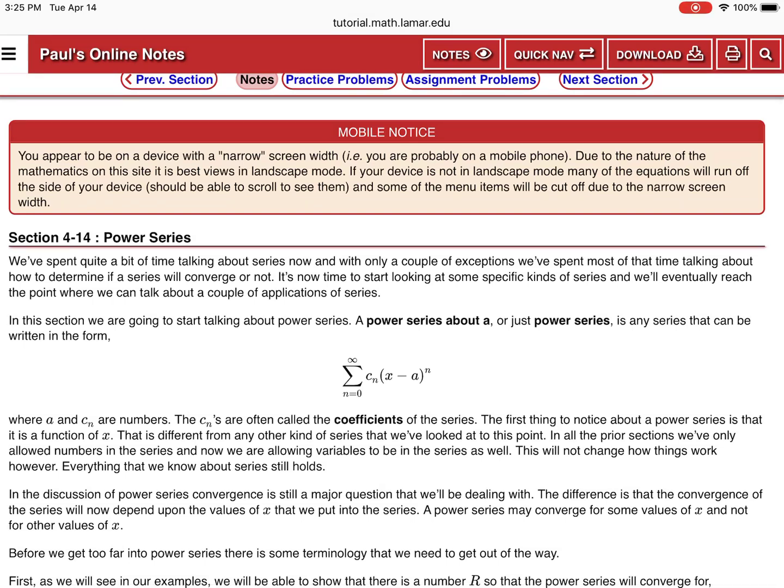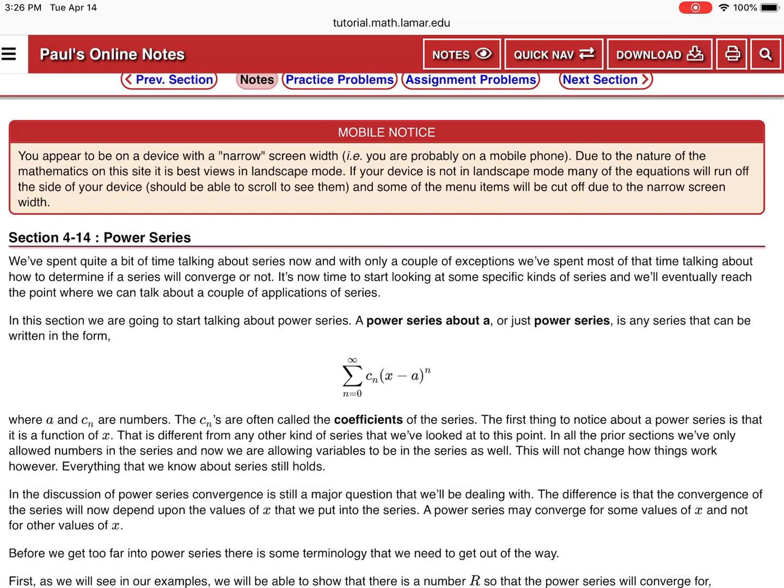Lesson 28, Power Series. A power series about a constant a, or just power series, is any series that can be written in the following form, going from either n equal to 0 or n equal to 1 to infinity, of c sub n, which is a constant, times (x minus a) raised to the nth power.